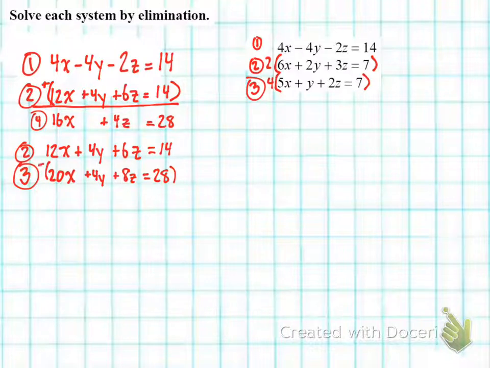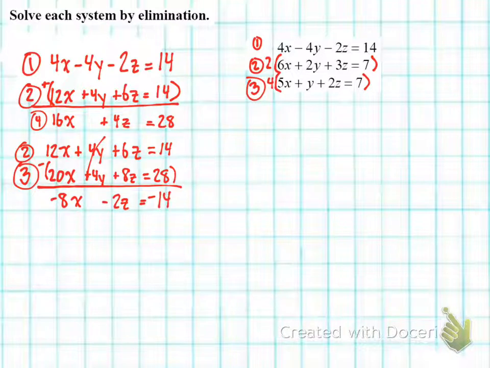And I want to get rid of my y, so I'm going to subtract. So we got negative 8x. Y's cancel out. Minus 2z is equal to negative 14. Okay, so this is equation 5.